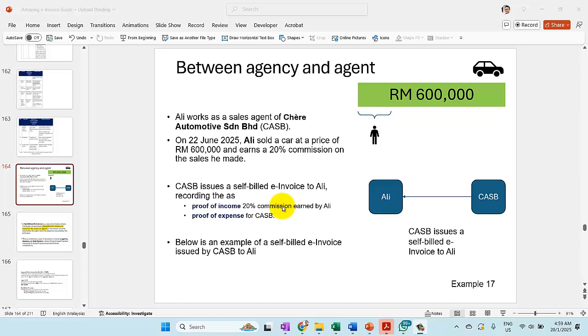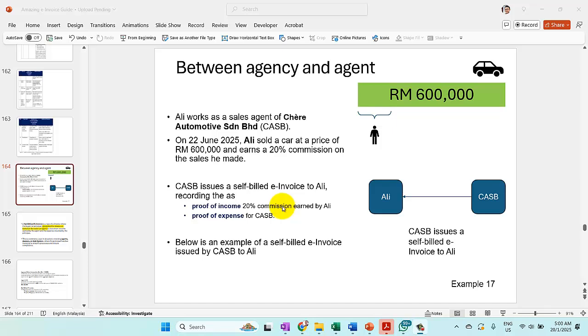So now LHDN wants to know who has income and who has expenses, right? So that's why, besides that, the e-invoice is issued to the car owner, the buyer of the car, right?